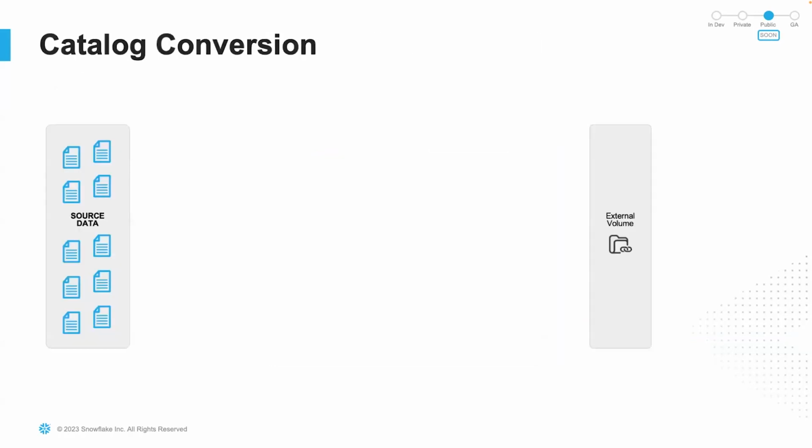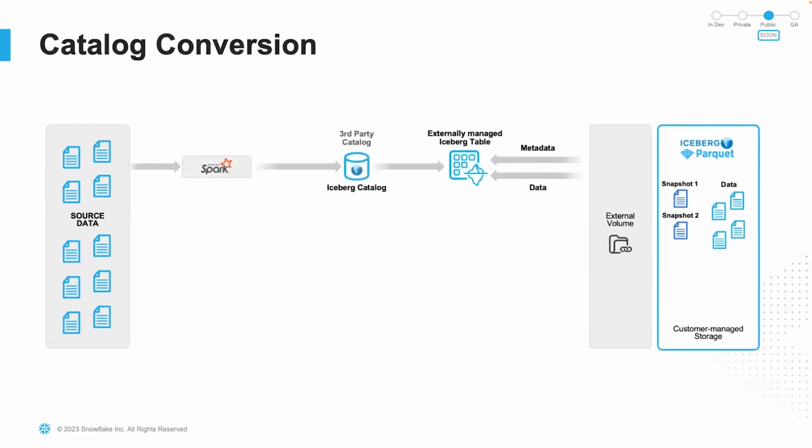We also have the ability to convert an unmanaged Iceberg table that has an external catalog configuration to a Snowflake catalog configuration. So in this situation, you have Spark, like we saw before, a third-party external catalog that's keeping track of your Iceberg metadata.